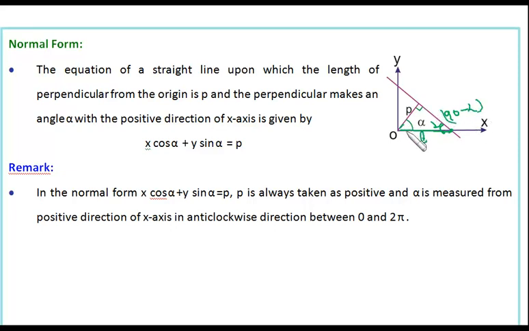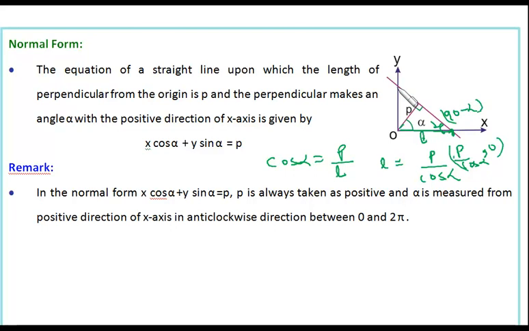So perpendicular by hypotenuse is sin(90 minus alpha), which is cos alpha. So cos alpha is equal to P by L, so L is equal to P upon cos alpha. So the coordinates of this point are P by cos alpha and 0, because the y coordinate will be 0.